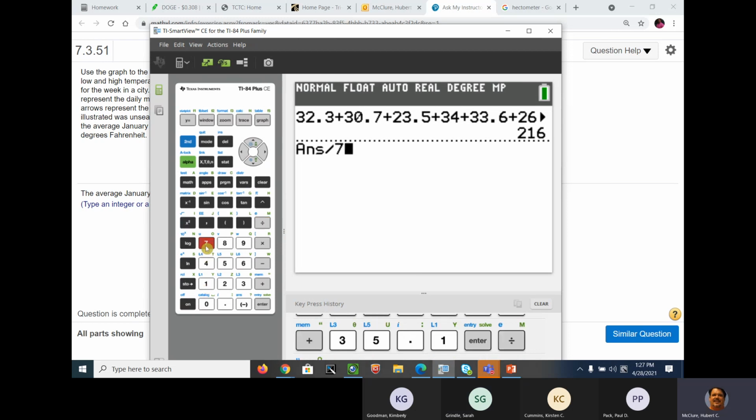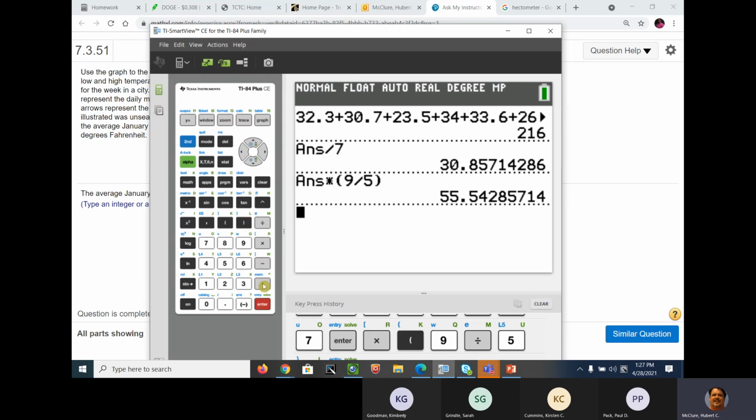Divided by 7, multiplied by 9/5, multiplied by 9 divided by 5, plus 32.